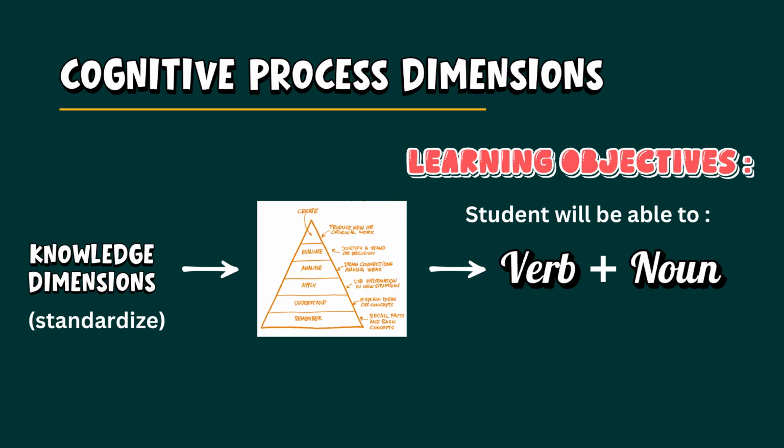That means every learning objective must follow a clear formula, an action verb representing the cognitive process dimension, plus a standardized tool representing the knowledge dimension. For example, students will be able to operate the handheld metal detector, where operate is the verb from the cognitive process, and the HHMD is the standardized tool from the knowledge dimension.